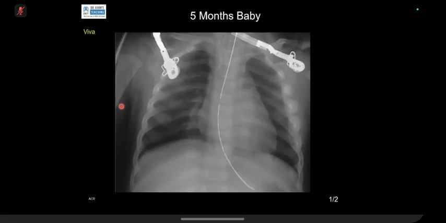I'm not able to make out maybe. What do you think about this? Okay, so again, the anterior aspect of the ribs are looking bulky. So again, could be rachitic rosary again. Look at the left-sided ribs. The left-sided ribs are probably fractured at the lateral aspect.